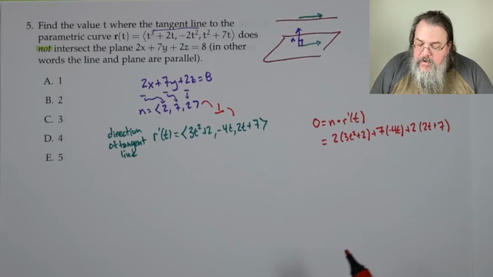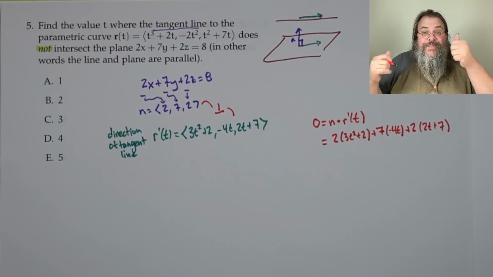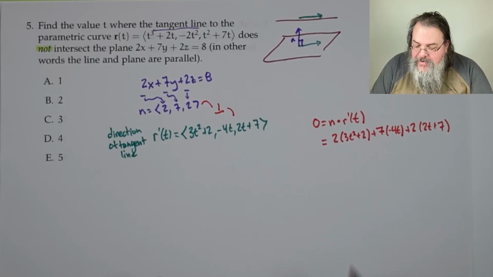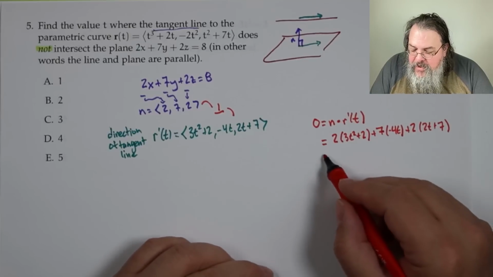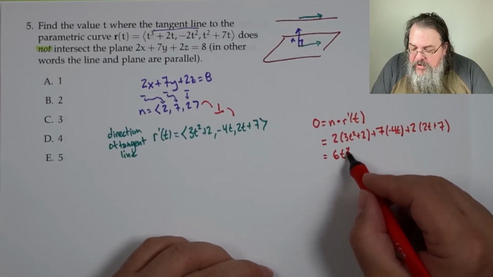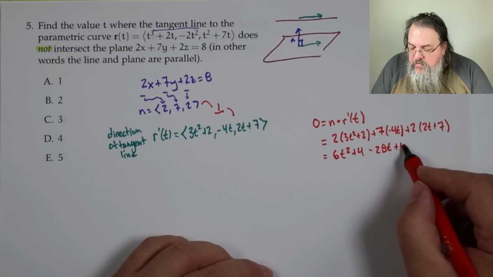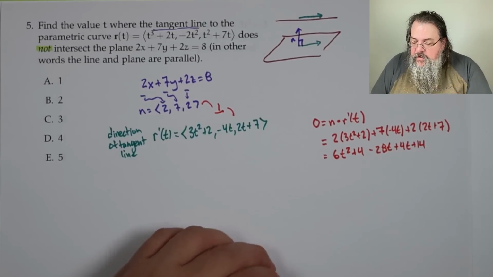This gets us to a single equation with one variable. That's a quadratic, that's no problem. Let's expand and gather. So 6t squared plus 4, minus 28t, plus 4t plus 14.